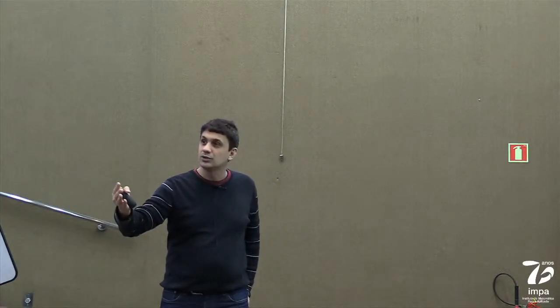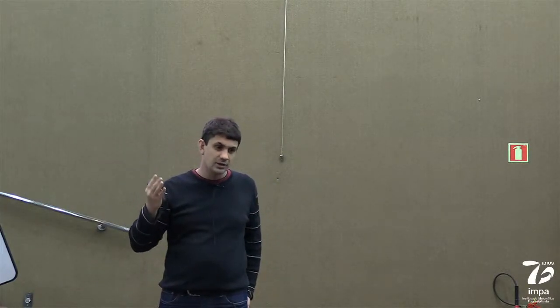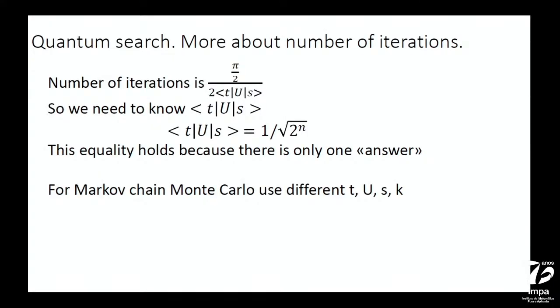Doing sampling is a very good idea to put in a quantum computer. You can do this not only for Markov chain Monte Carlo, but say for Bayesian sampling. Then you do the same idea with operator Q, with choosing a proper number of iterations, with rotation on a space, but with a different T. Now T will not be a pure state, it will be the invariant measure of your Markov chain.